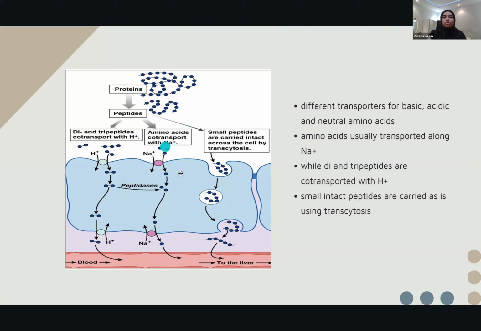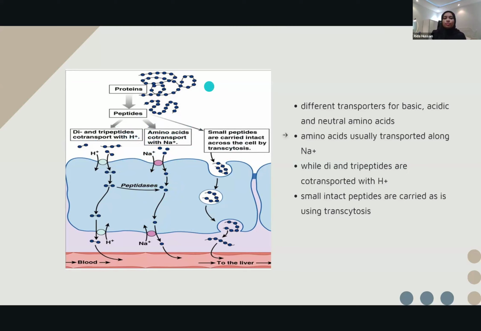Again, this is symport, which is secondary active transport. And the amino acids are co-transported with sodium ions. However, di- and tripeptides are co-transported with hydrogen ions. Okay, so know this difference.